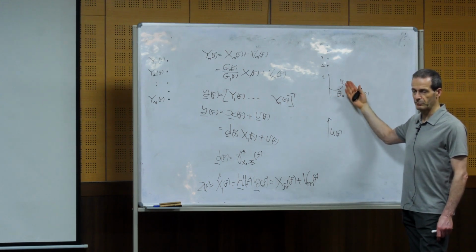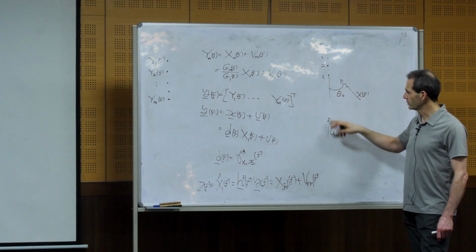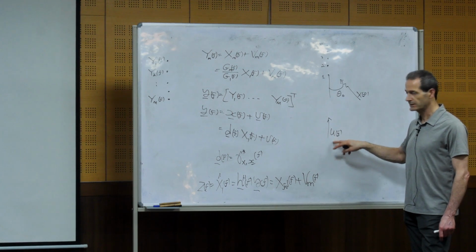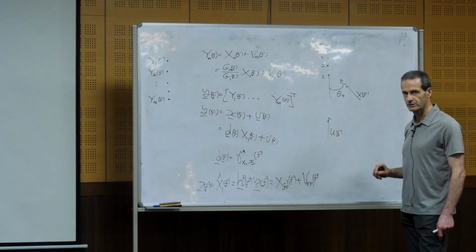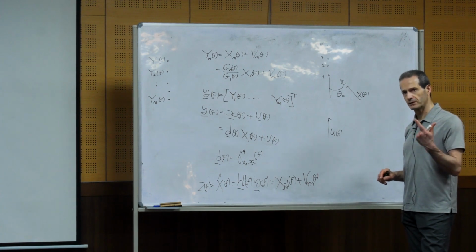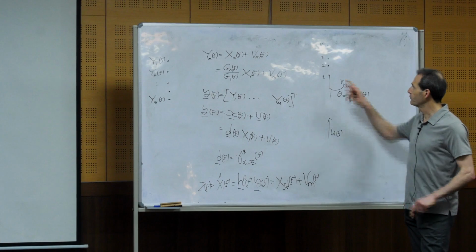Can we improve the performance? If theta 0 equals 0, which means that the desired source and the interference come from the same direction, do we gain some improvement of the signal to noise ratio if we add sensors?